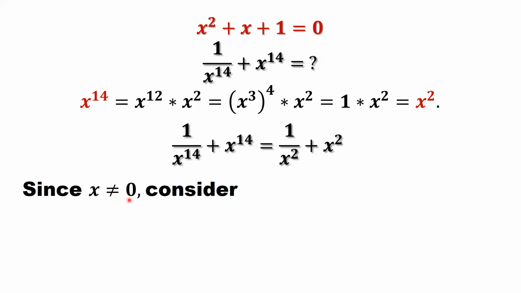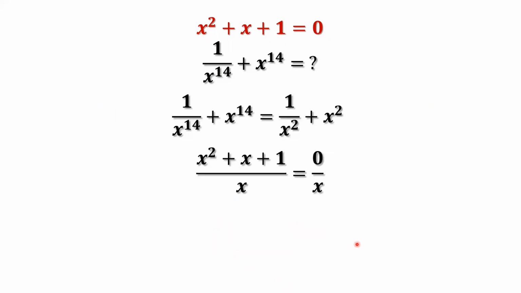X is not 0. Why is x not 0? Check here. If x is 0, then 0 plus 0 plus 1, 1 equals 0, it's not true. So x is not 0. So for this given equation, we can divide both sides by x because x is not 0. Simplify both sides.